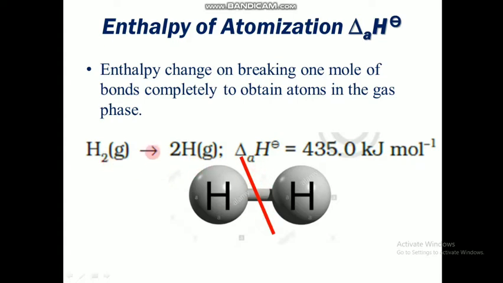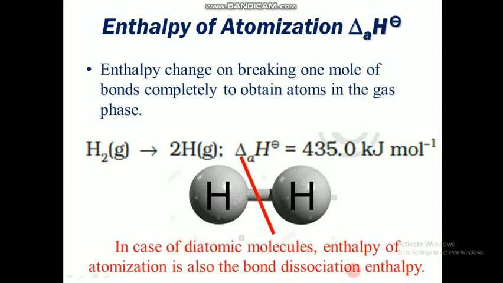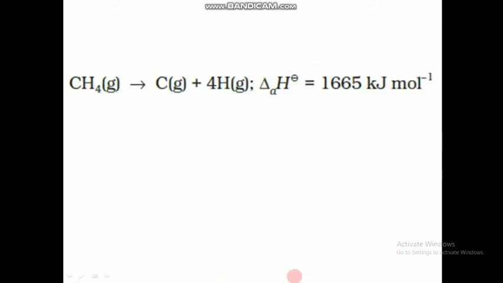We just break the bond and split them into hydrogen atoms, and the enthalpy change is positive 435. When it is a positive value, it's an endothermic reaction. It is accepting heat, or we are providing heat so that it will break. So in the case of diatomic molecules, enthalpy of atomization is bond dissociation enthalpy only, as we said.